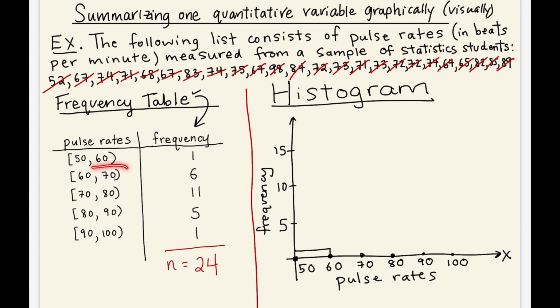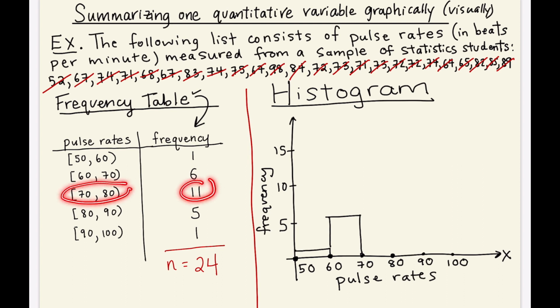Now I move on to the second class. That's pulse rates that are greater than or equal to 60 but less than 70. There were 6 of them, so that's going to be slightly higher than the 5. Here's the bar for that class. And now I move on to the 70s.